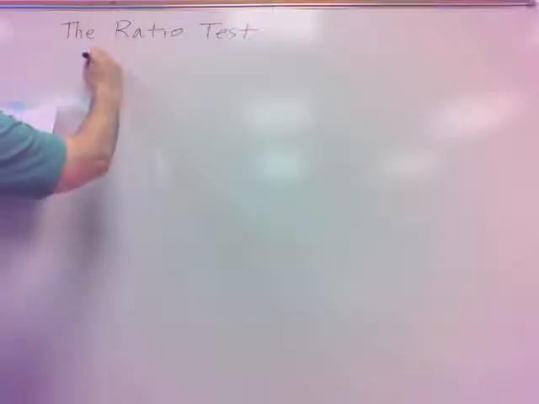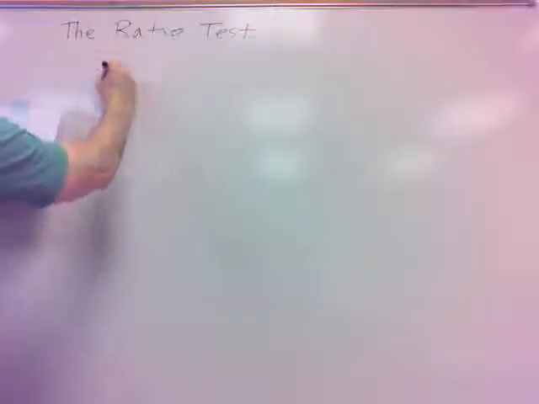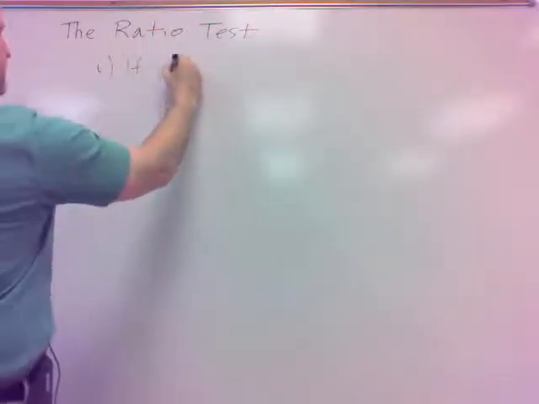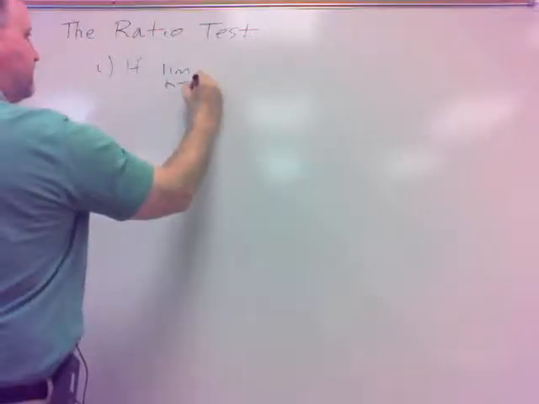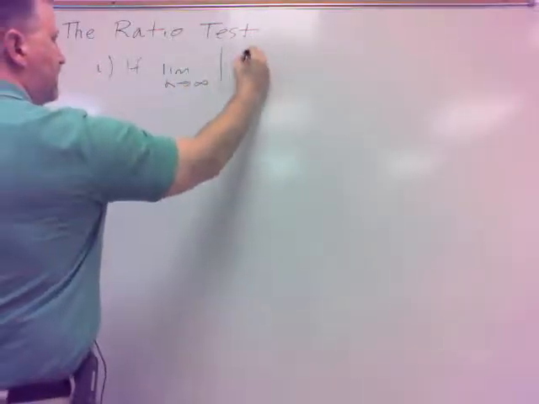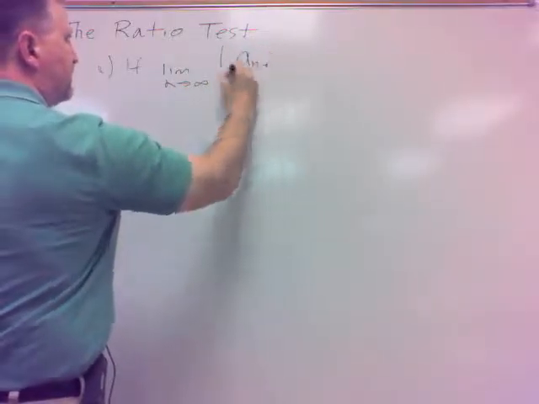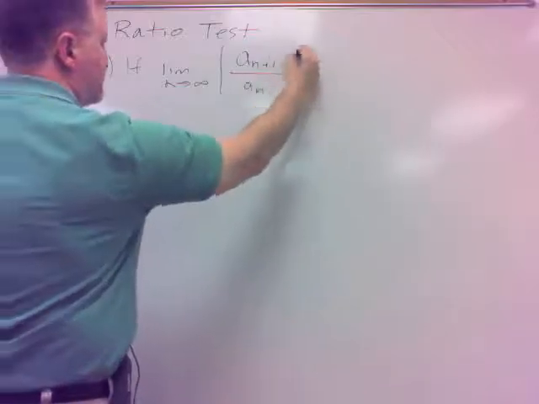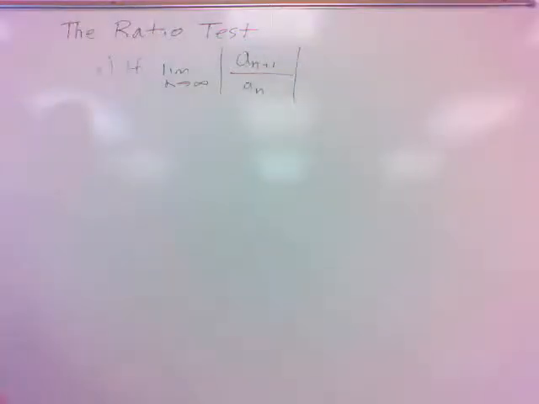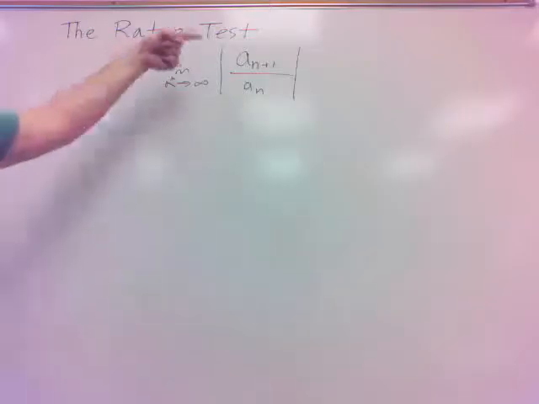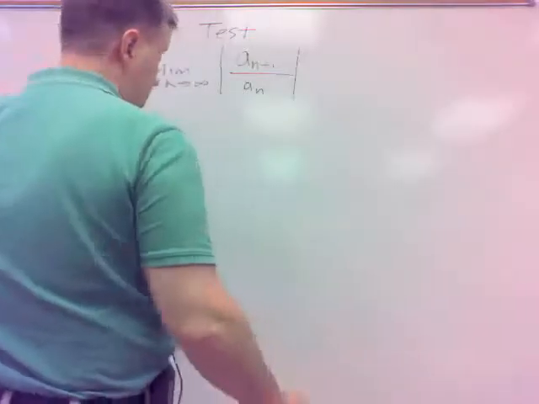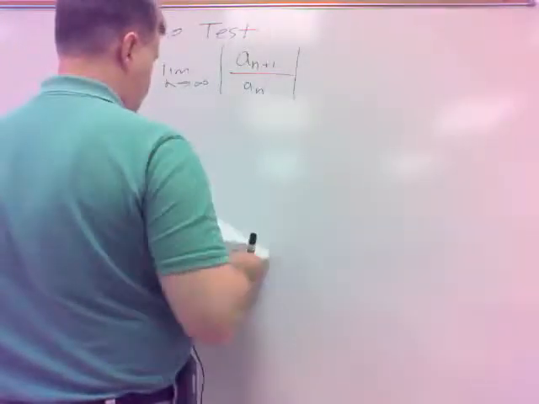We're looking at the first part: if the limit as n goes to infinity of the n plus 1 term divided by the nth term. So basically we're taking a term, and dividing that into the term that's after it, n plus 1. That just means plug in n plus 1. That's really what I mean.